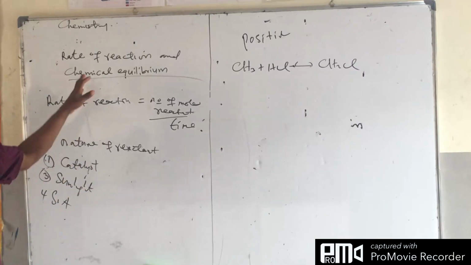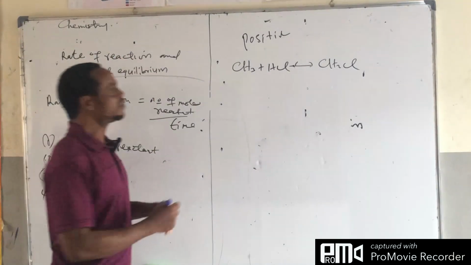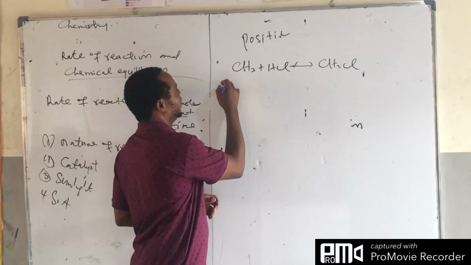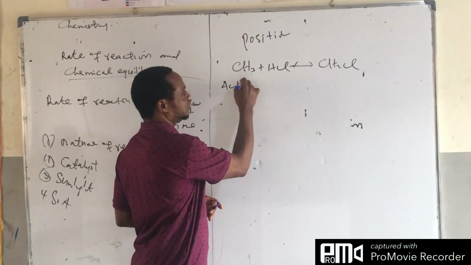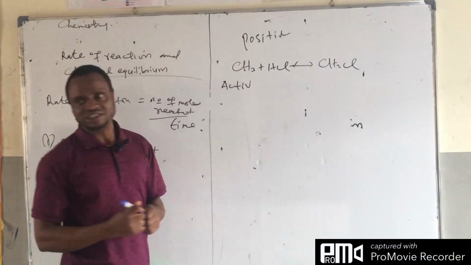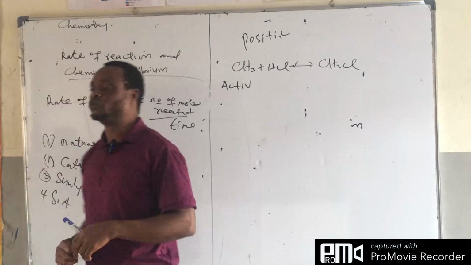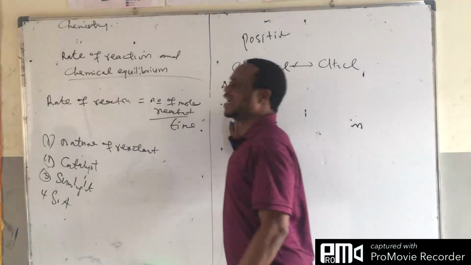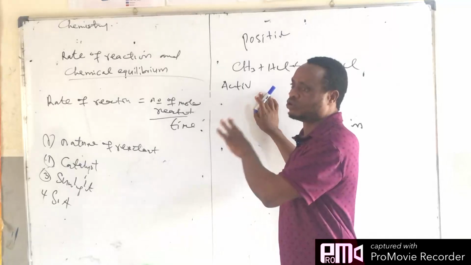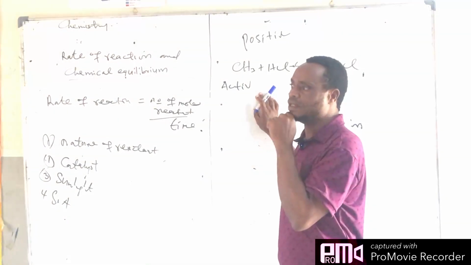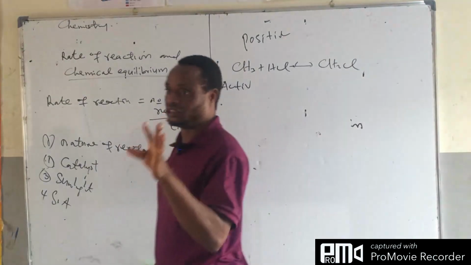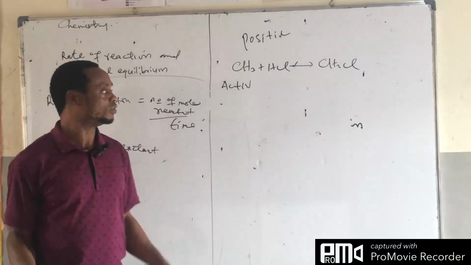Before I go into other reactions, let me talk about what we call activation energy. Now, there are theories that explain how reactions occur. One of them is called collision theory. What is collision?